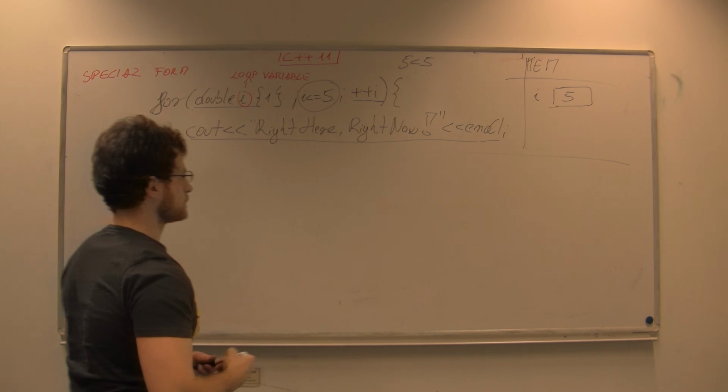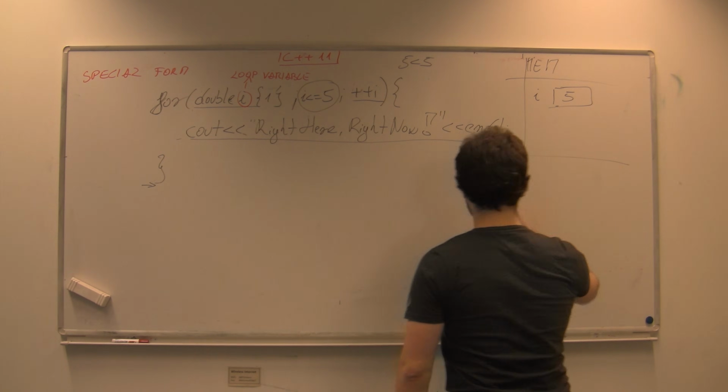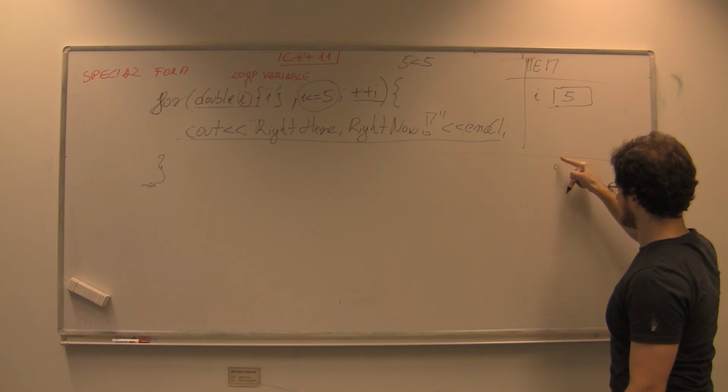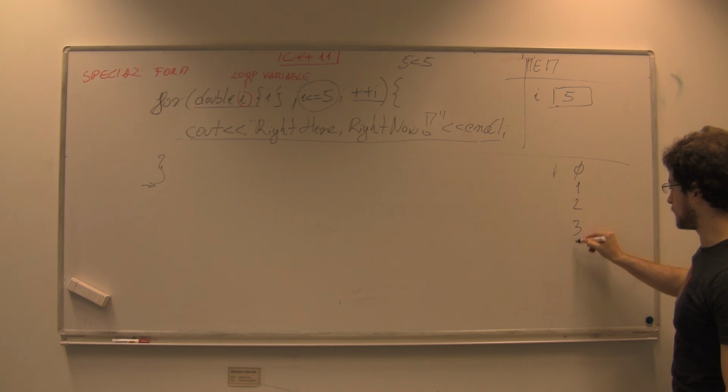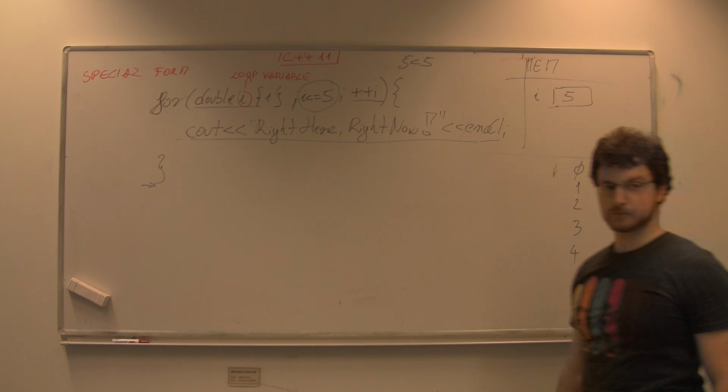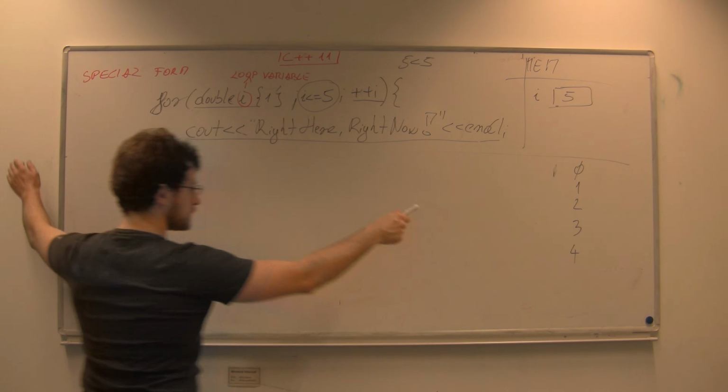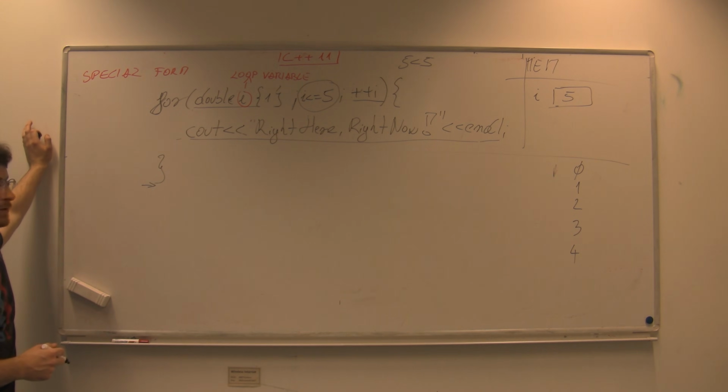Just to remember, the first 5 natural numbers are 0, 1, 2, 3, and 4. And we want them to appear on standard output.